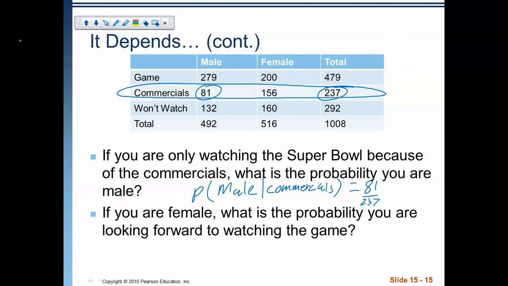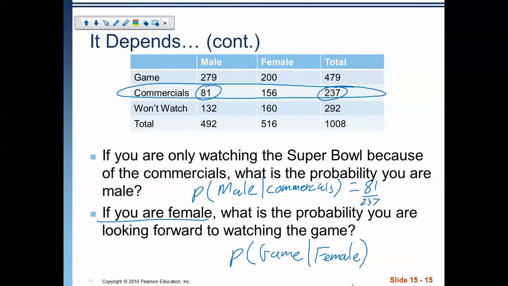Let's do one. If you are female, what is the probability you are looking forward to watching the game? Well, we're given a condition. If you are female, that's a condition. So what's the probability you're looking forward to the game? That's P of game given female. And let's use a different color here.